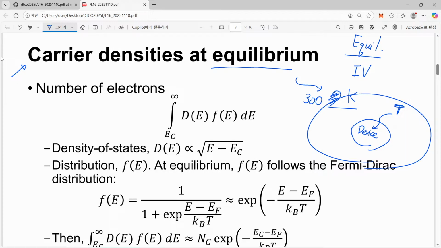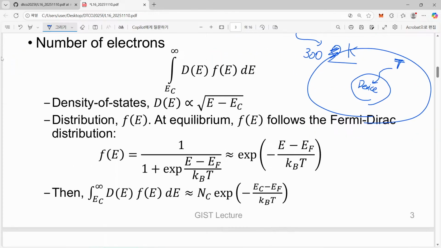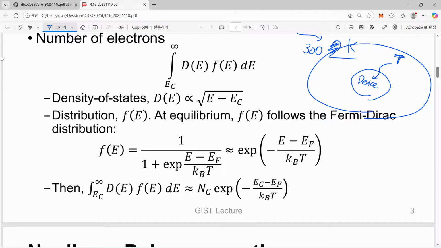In this case, if our system is in thermal equilibrium with a certain heat bath, then at equilibrium our electron distribution function should follow the well-known Fermi-Dirac distribution. Here T corresponds to the temperature of our system.